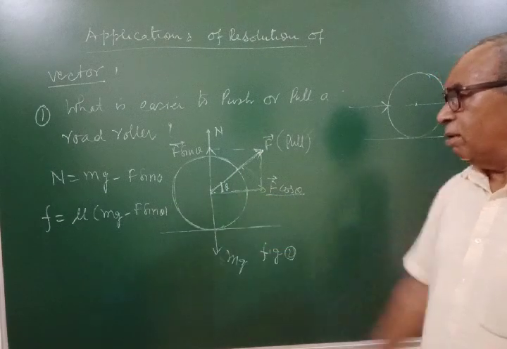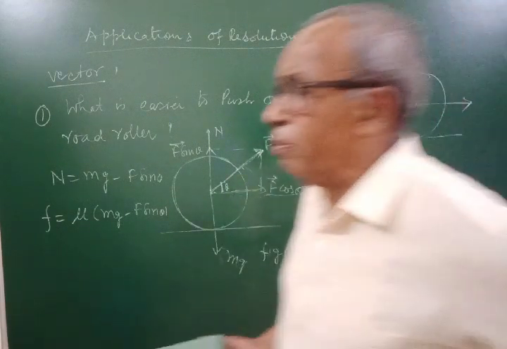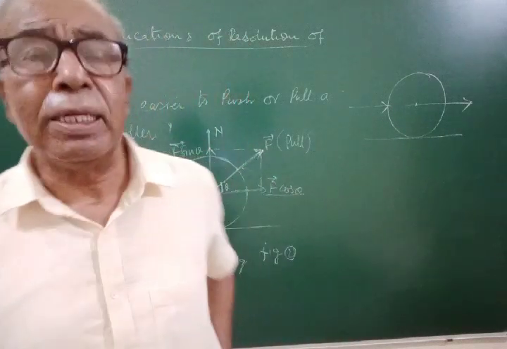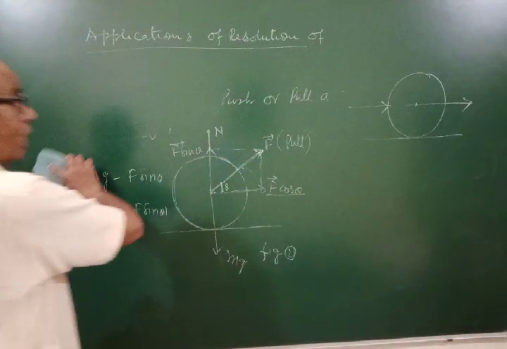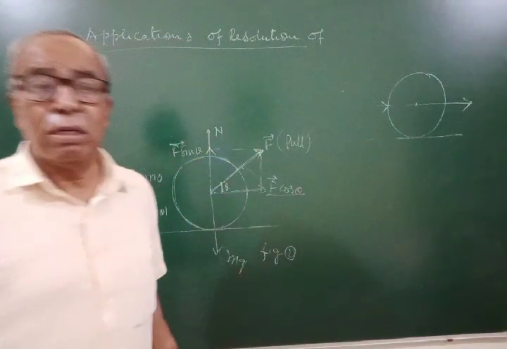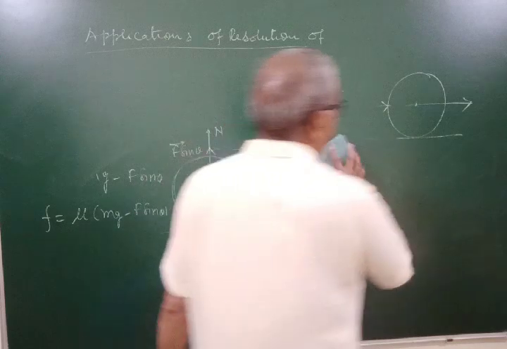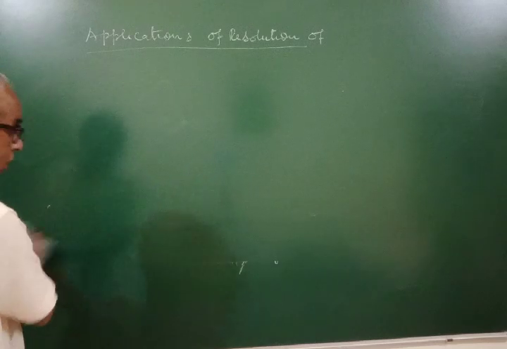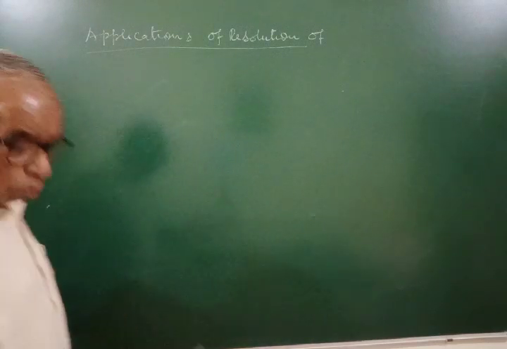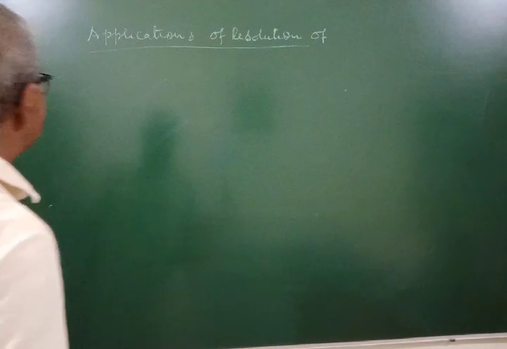The difficulty arises in pushing or pulling only when we apply force making a certain angle theta with the horizontal. This was one example. We can give the explanation by resolving force into two components; otherwise it becomes difficult. Now I give one more question based on components of a vector.